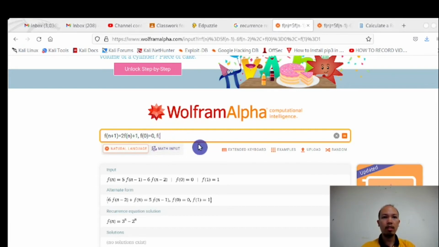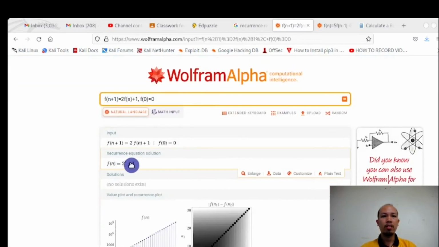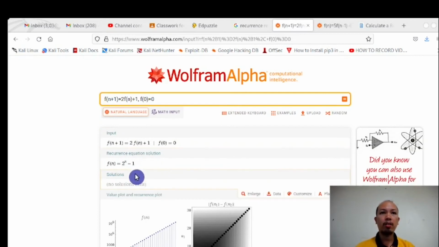So let's delete this one here and click this equal sign, and as you can see, this is the answer. F of n is equal to 2 to the n minus 1. Again, we are correct with our solution. So I guess this is the right calculator.